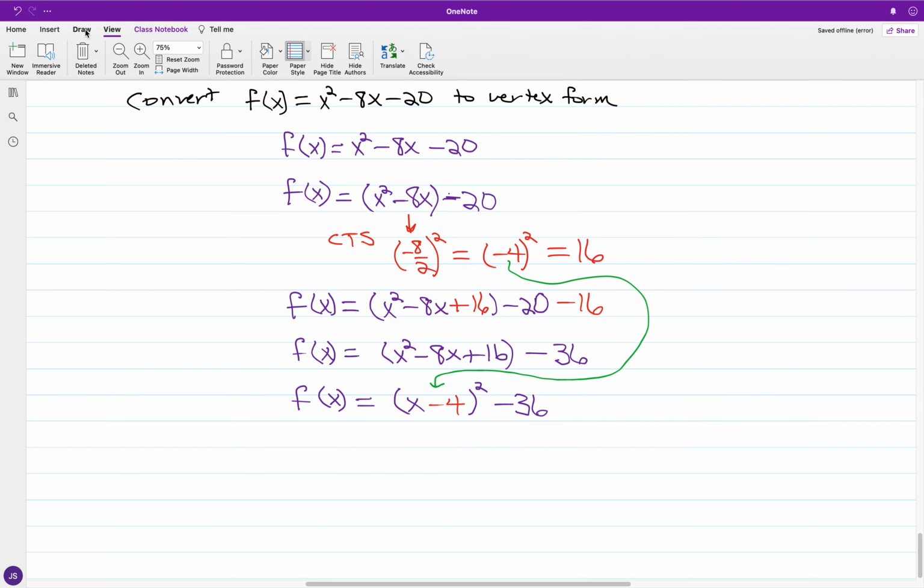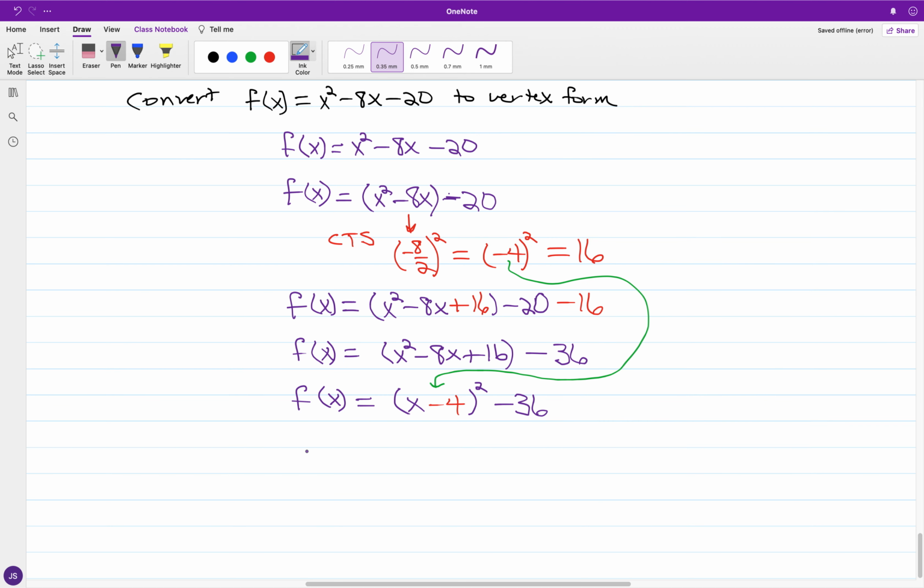And so for the result, we have the vertex form: f of x is equal to the square of x minus 4, minus 36. And this is going to be the vertex form.